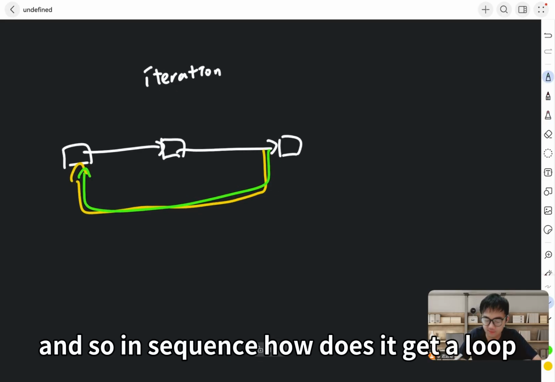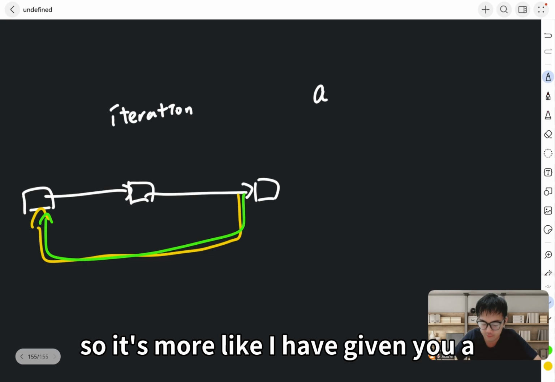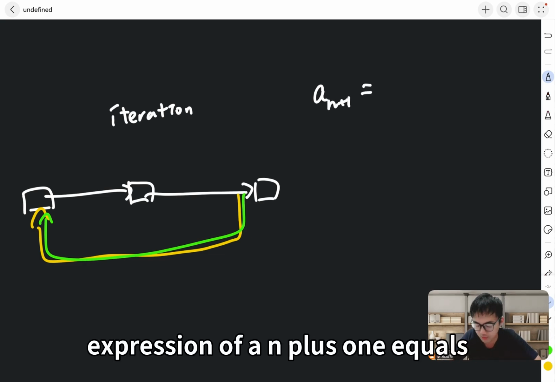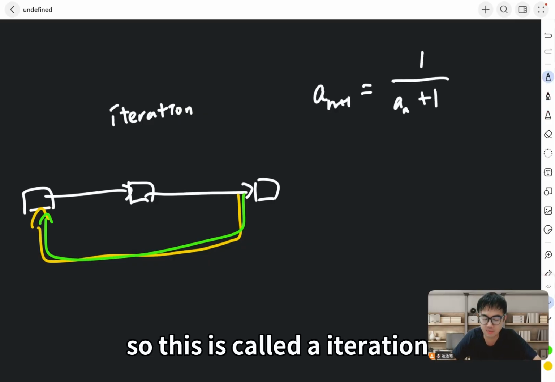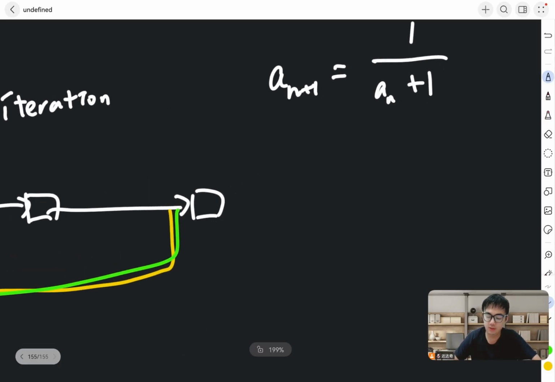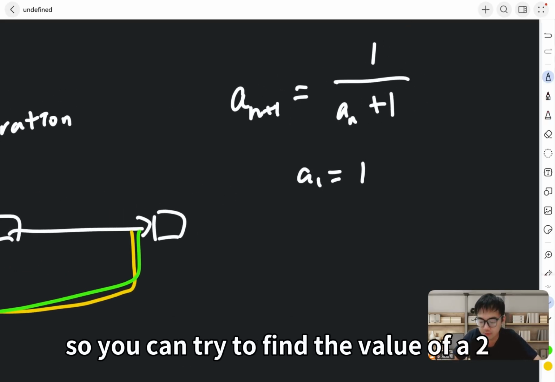So in a sequence, how does it get a loop? Say I have given you an expression: a(n+1) equals 1 over a(n) plus 1. This is called an iteration. Let me give you the value of a1 equals 1. So we can try to find the value of a2.